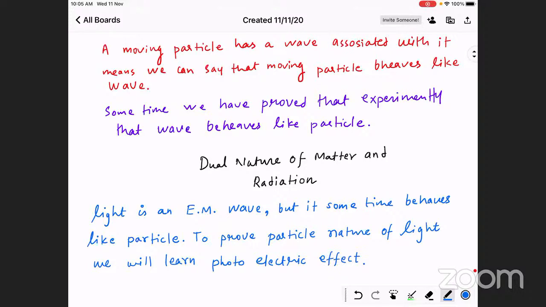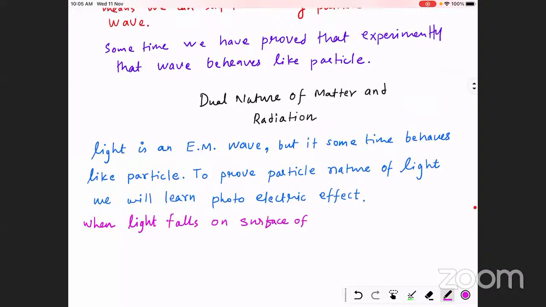Right, now what is the photoelectric effect? Let's try to understand what actually the photoelectric effect is. When light falls on the surface of a conductor, it ejects the outermost electron.